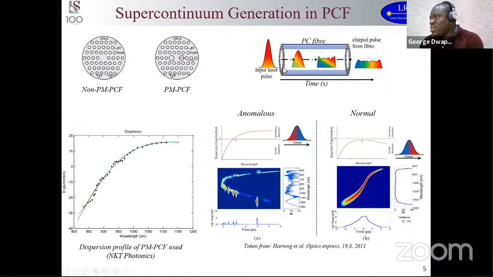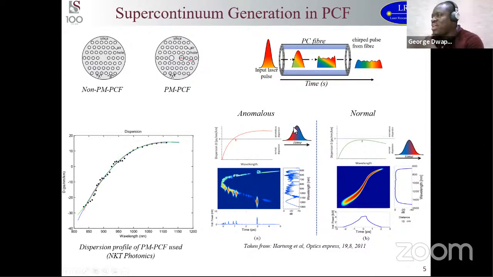Now the intensities within a photonic crystal fiber lead to self-phase modulation, which leads to generation of new frequencies. And then the material dispersion of the fiber itself will also lead to pulse broadening in time. So you have a pulse with new frequencies as well as chirped, so you have a broadened pulse.